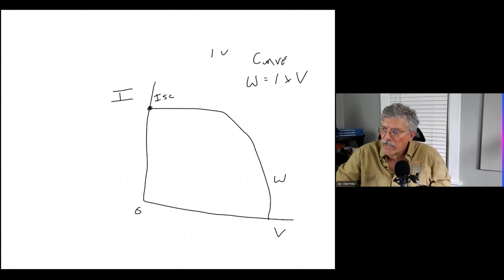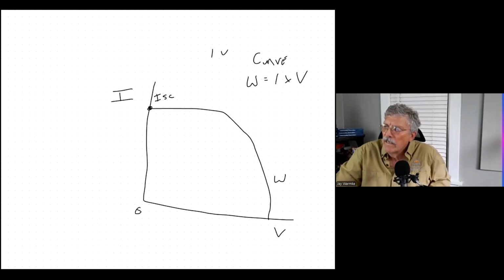Because anything times zero is going to equal zero. And you can't measure amps unless something's flowing. So you're never able to measure ISC. It's just a theoretical number. As soon as you get even slightly off of that zero axis, then you can begin to measure it. But technically, ISC you can't measure.